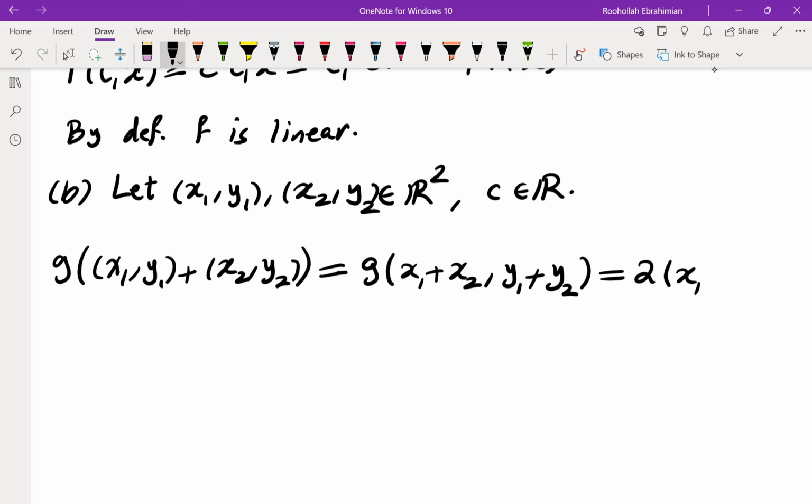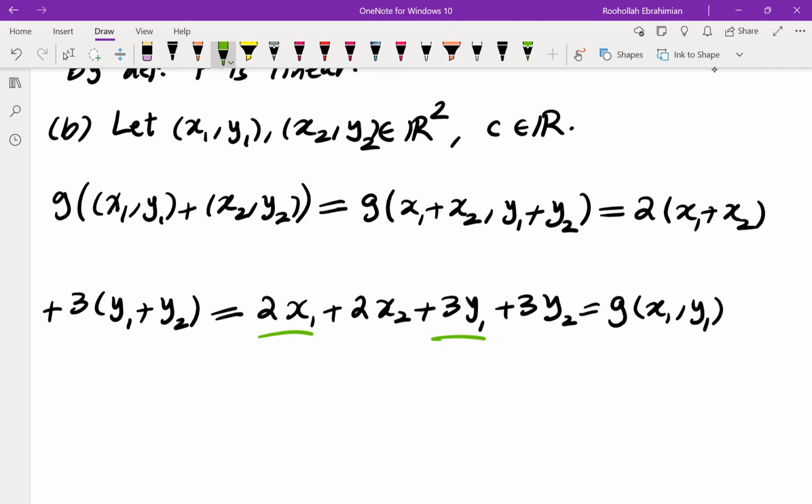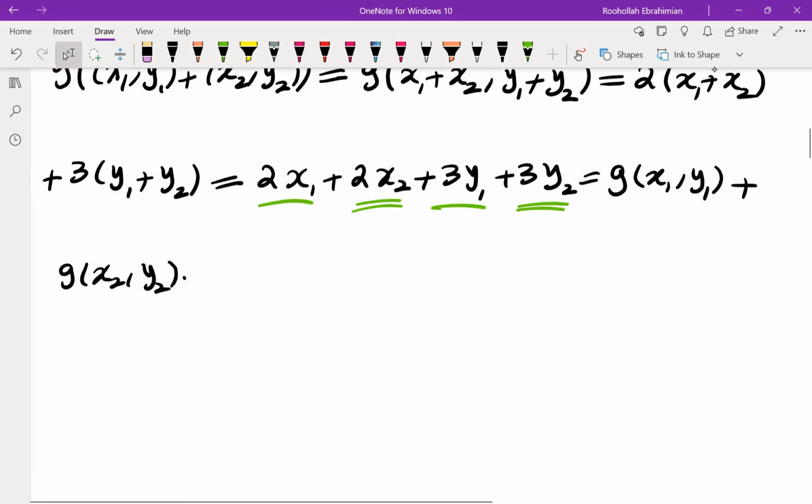If we distribute 2 and 3 here, we get 2x1 plus 2x2 plus 3y1 plus 3y2. Now these two terms give us g of x1, y1, and the other two, this term and this term, give us g of x2, y2, which means g is additive.